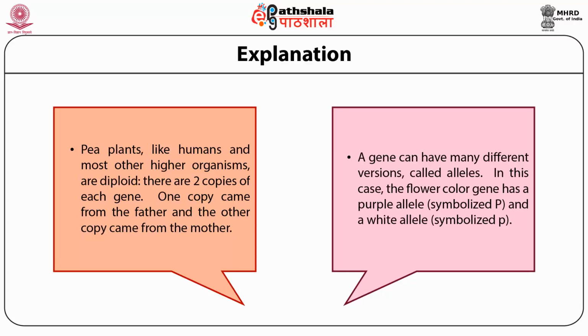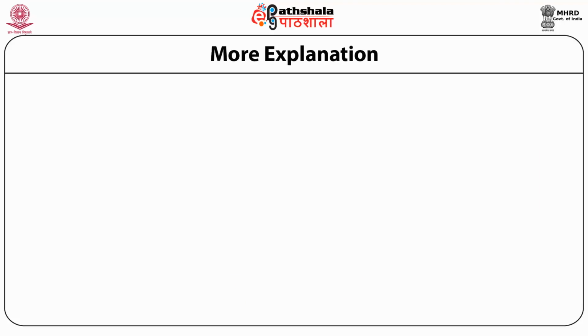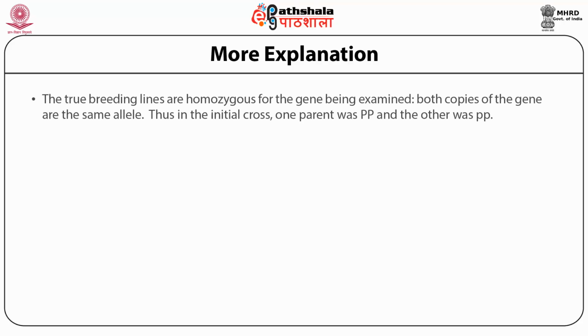In this case, the flower color gene has a purple allele symbolized capital P and a white allele symbolized small p.